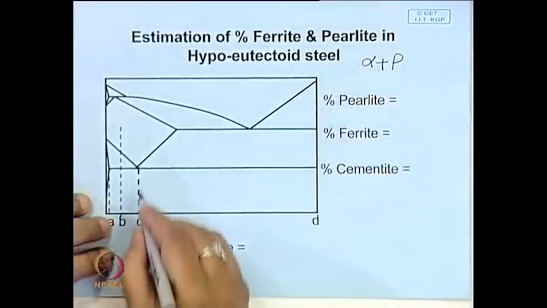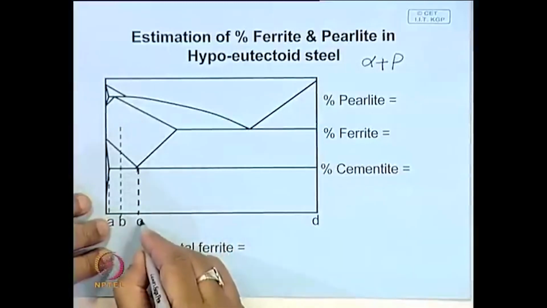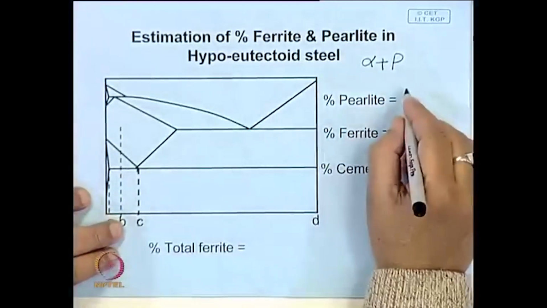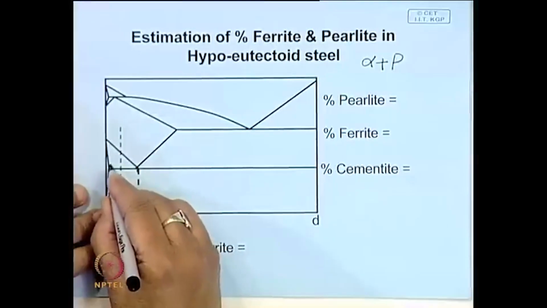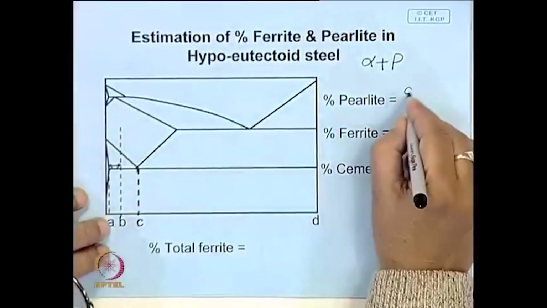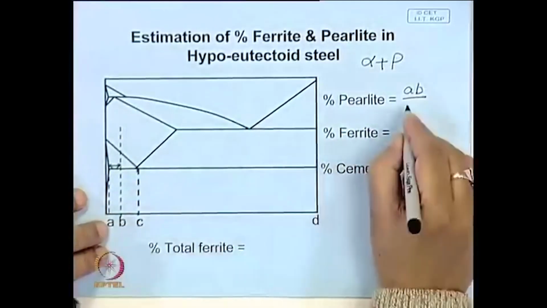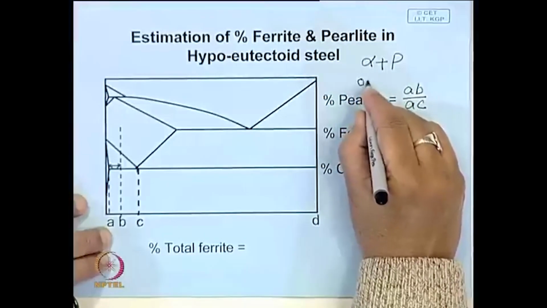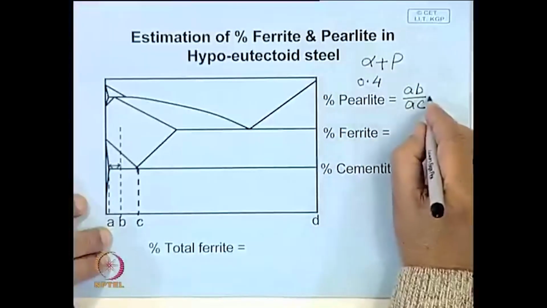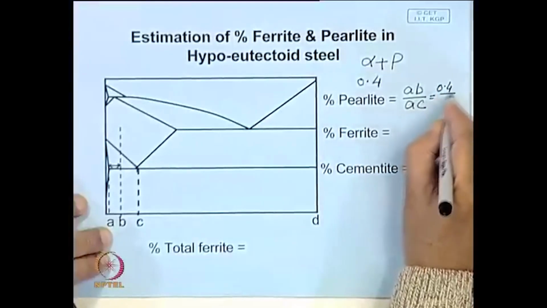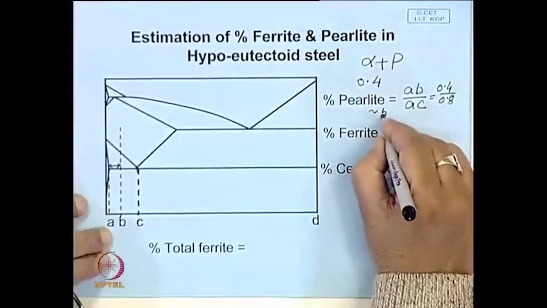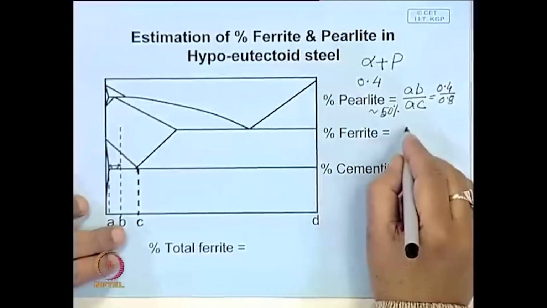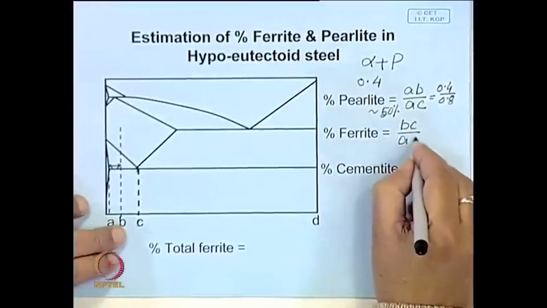How do you find out percentage pearlite? Pearlite has 0.8% carbon, which is represented by this point C. Therefore, the amount of pearlite will be proportional to this region, that means A, B over the entire region A, C. So, if carbon content is around 0.4, percentage pearlite will come out to be 0.4 over 0.8, that means 50% pearlite. Similarly, amount of ferrite will be BC over AC.